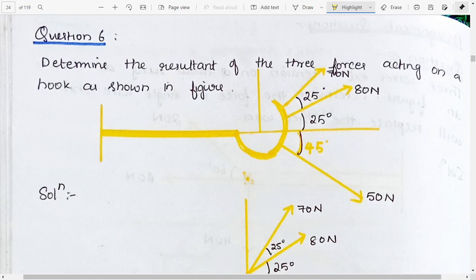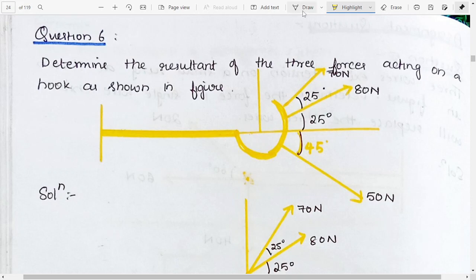So the first question here is, determine the resultant of the three forces acting on a hook as shown in the figure. What we need to do here is consider this thing as a hook, and there are three forces acting at different angles.